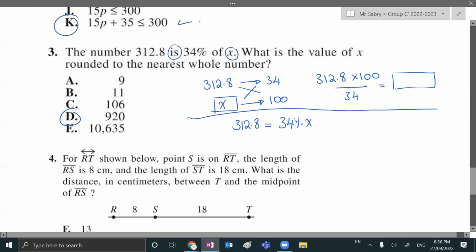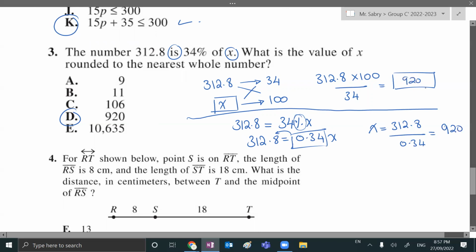Now if we need here to move the percentage sign, this is when you actually divide by 100. So it becomes 312.8 equals 0.34x, and then move this to the other side by division. So x will be equal to 312.8 divided by 0.34, and it would get you to the same answer, 920.